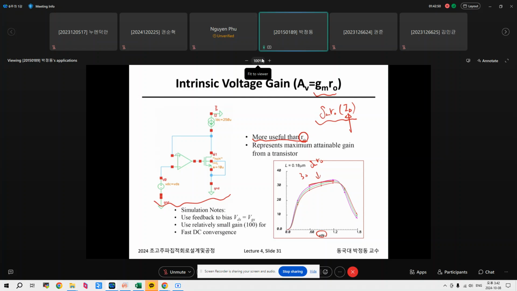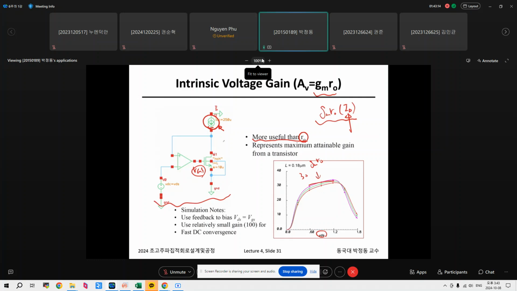How can you control ID? In order for us to control ID, we have to control VGS. How can you control VGS? We have to use this configuration. So we set ID using an ideal current source.